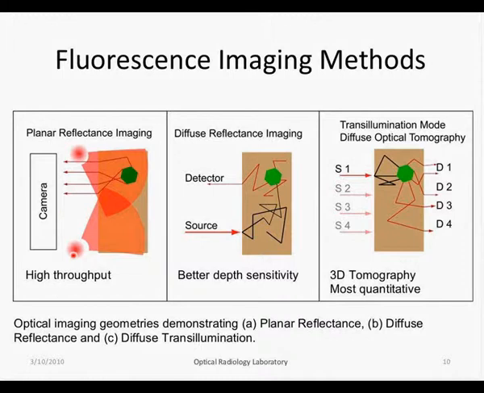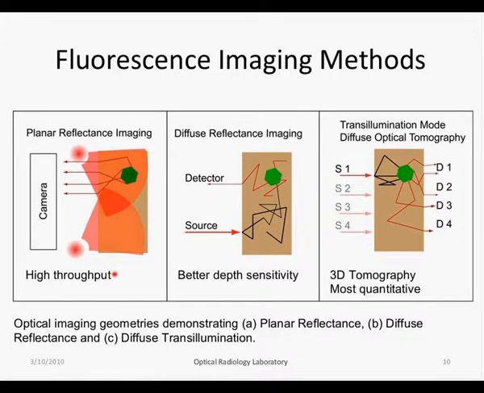Fluorescence imaging is generally accomplished by a couple of different techniques. The first and the fastest would be planar reflectance imaging, and that's mainly what we're going to discuss today. Planar means that it's two-dimensional. Reflectance describes the geometry of having your detector, in this case a camera, on the same side as your sources of illumination.